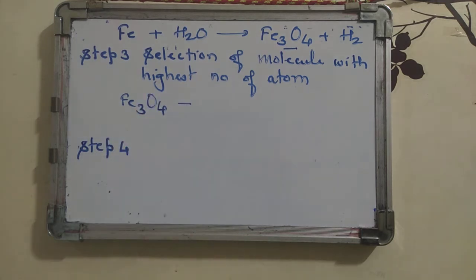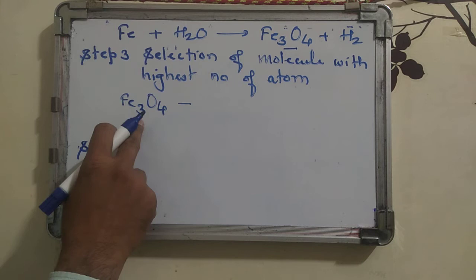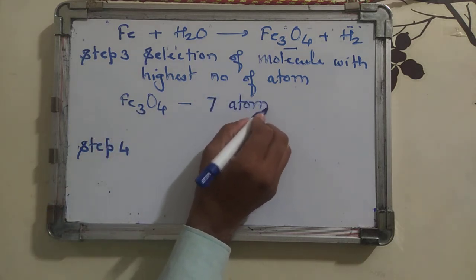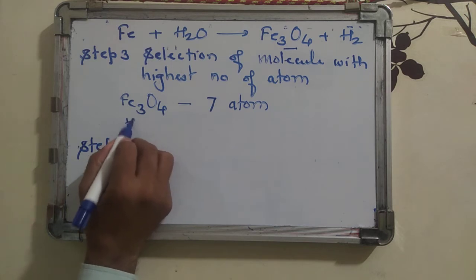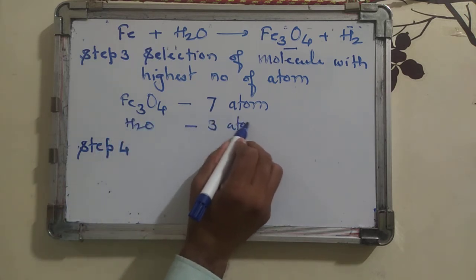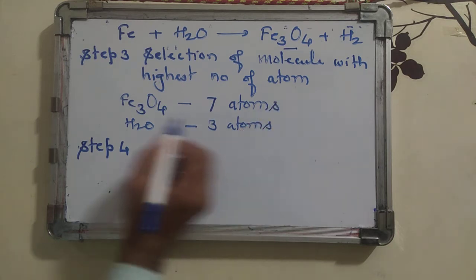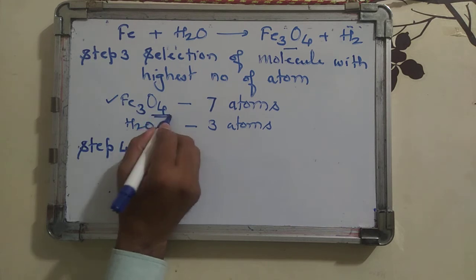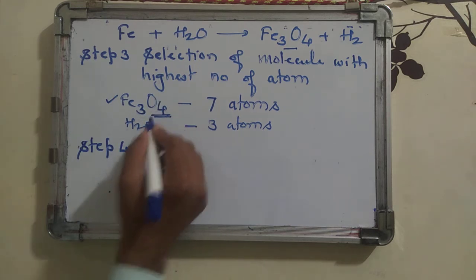This molecule contains 4 plus 3, 7 atoms. Then see the other, H2O. How many atoms are present? Here there are 3 atoms. So this molecule, Fe3O4, we select. In this molecule oxygen has the highest number, that's why we start balancing oxygen first.